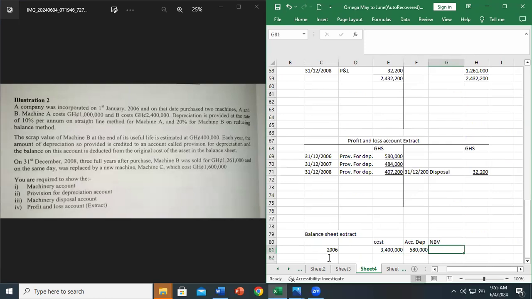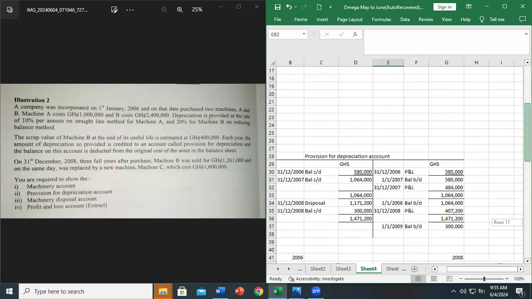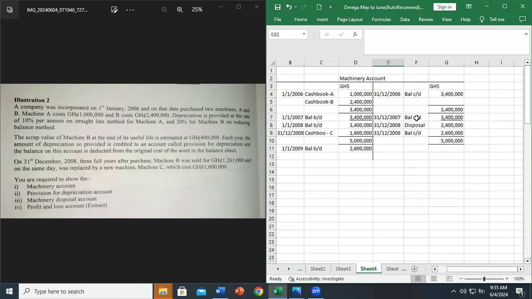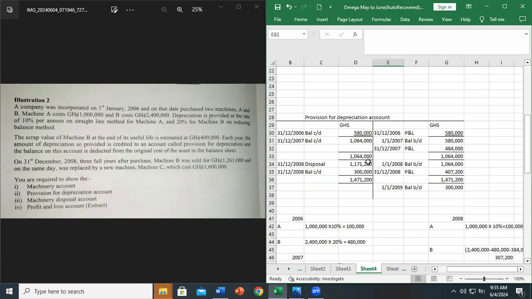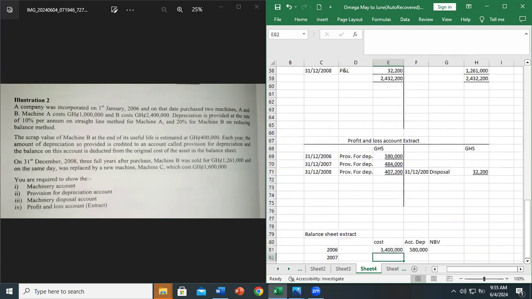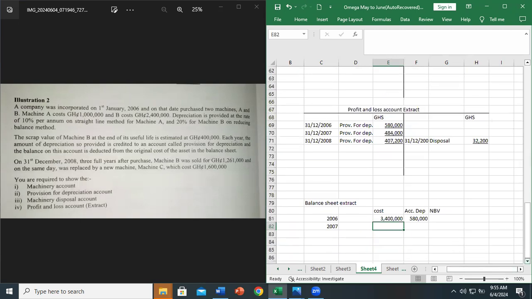So 2007, the same tip. Go to the asset account, pick the balance carried down for 2007. Come to provision for depreciation account, pick the balance carried down for 2007. So in the balance sheet, you are just picking carried down from the asset account and the depreciation account. That's all that you do in your balance sheet extract.